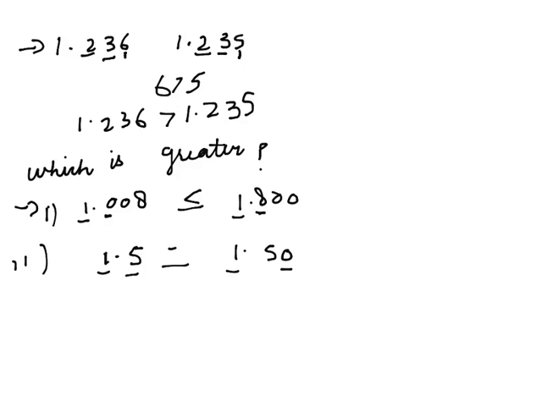Both numbers are equal. Similarly, if we have 3.3 and 3.300, clearly both numbers are equal, as the whole number and the 10th place are equal, and the 0 after a digit will not make any difference.